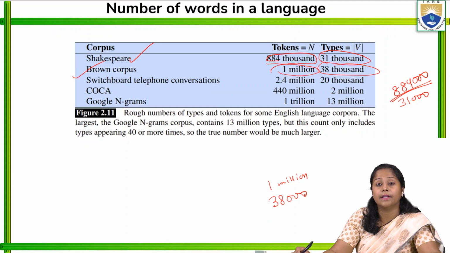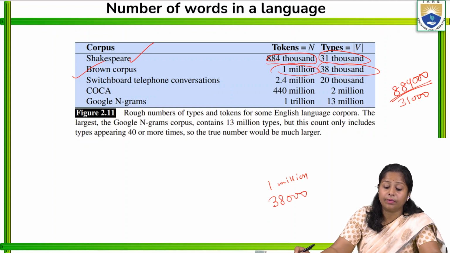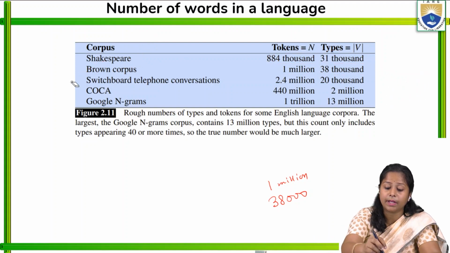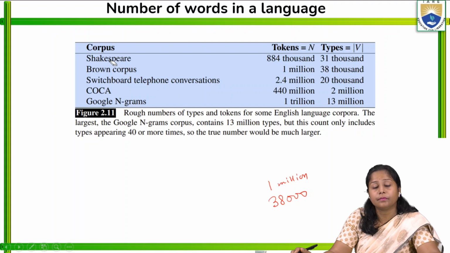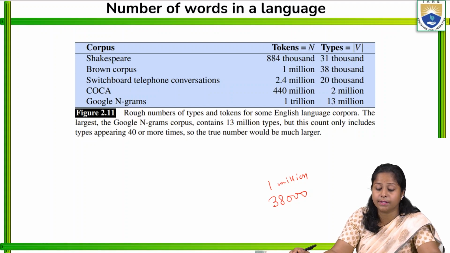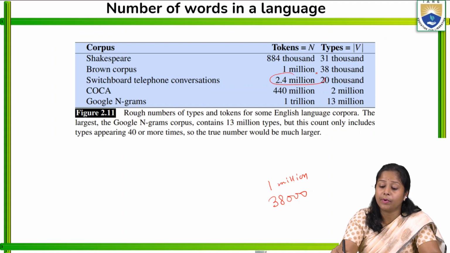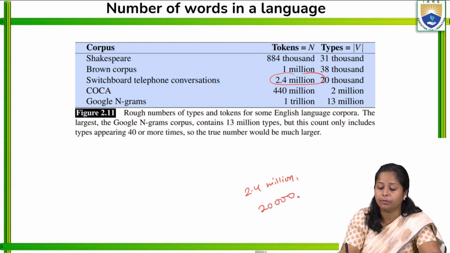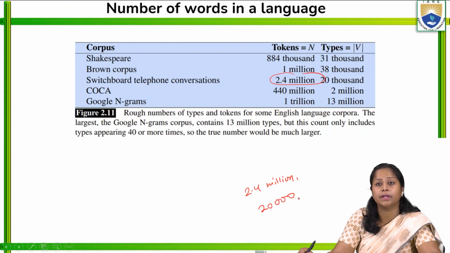Now the Switchboard corpus that we talked about has audio files of telephone conversations. It has 2.4 million tokens, which is a huge number, and a vocabulary of 20,000.